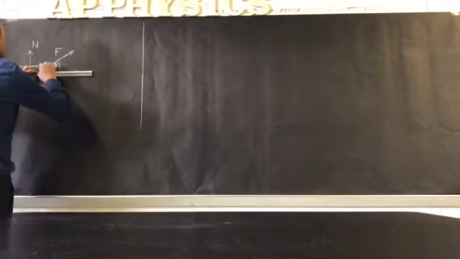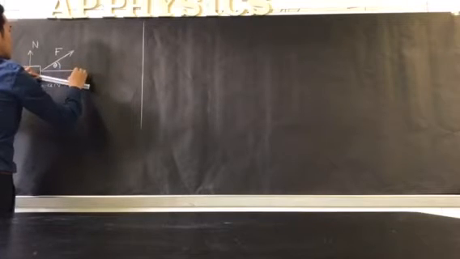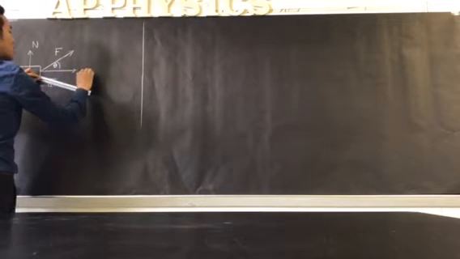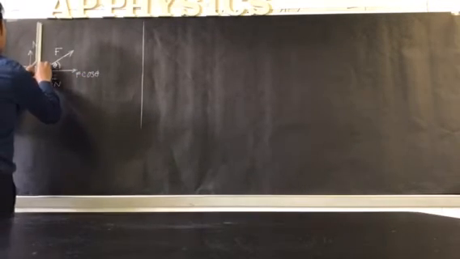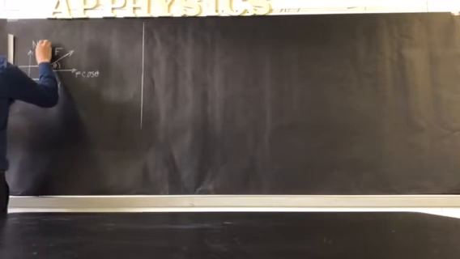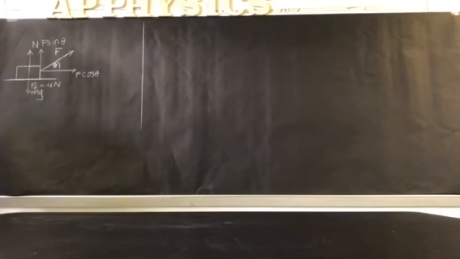And also, the force by itself is at an angle, so I'm going to have to break it into two components. In the x direction it would be F cosine theta, and in the y direction it would be F sine theta, depending on the angle.